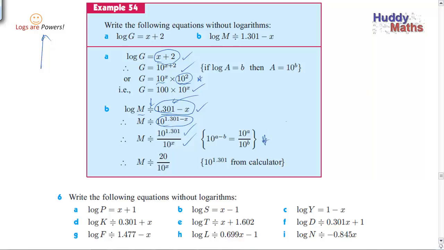There's the power rule there. You're subtracting powers, therefore you're doing division of the numbers. And then you can look it up on the calculator. 10 to the 1.301 is 20 over 10 to the x. You can only put approximately because no one says exactly what that 1.301 is. It could go on further, so it's approximately 20.